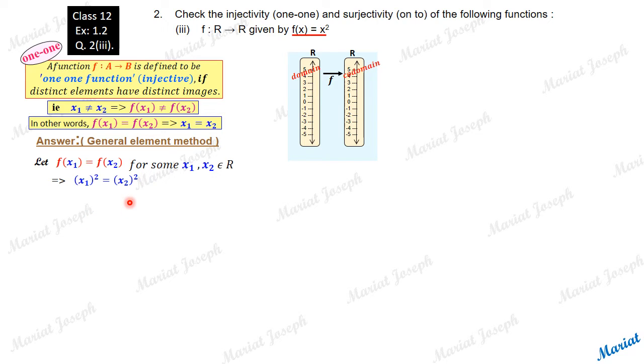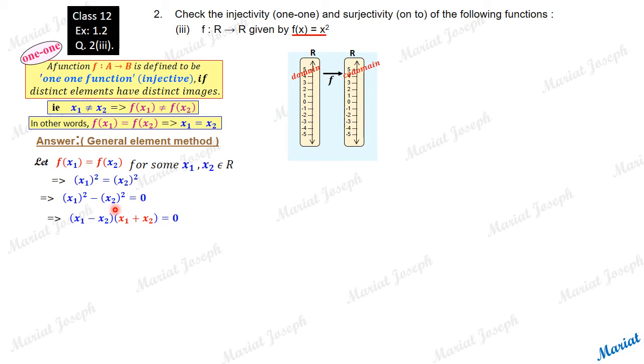Please be cautious. Don't just take off this square sign and write this implies x1 equal to x2, which may not be true. So what we need to do is simplify this equation. x1 square minus x2 square is equal to 0. Factorize it. That is, x1 minus x2 into x1 plus x2 equal to 0.